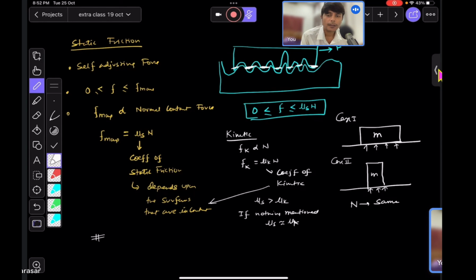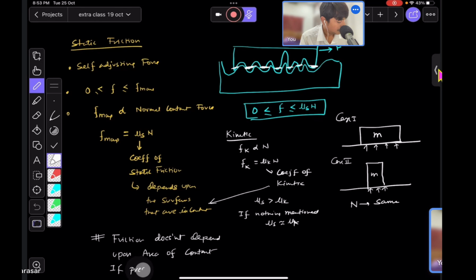So friction force does not depend upon area of contact, if pressure is not extremely high.